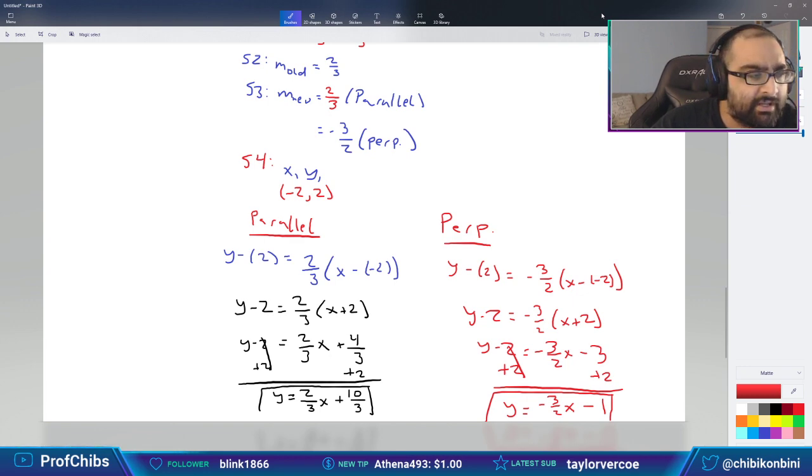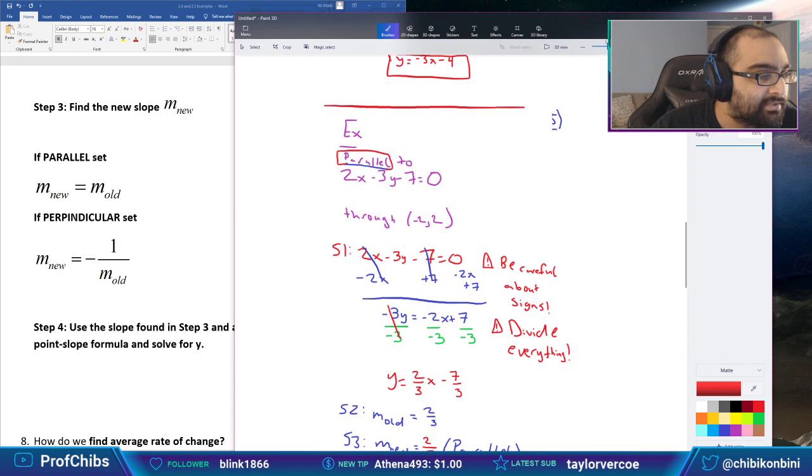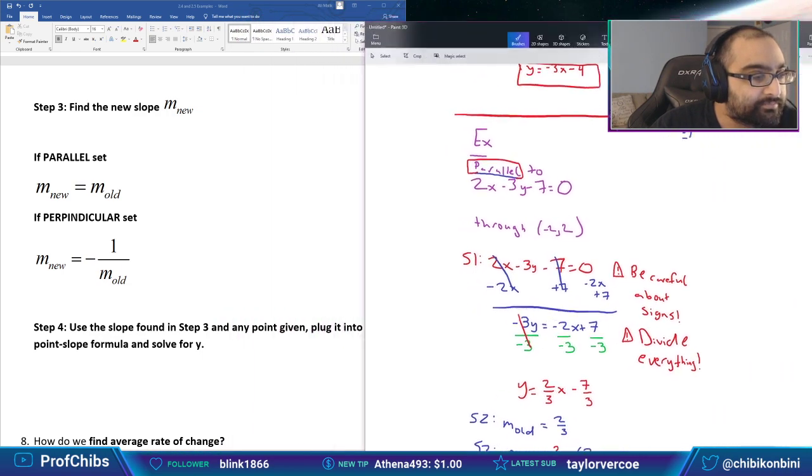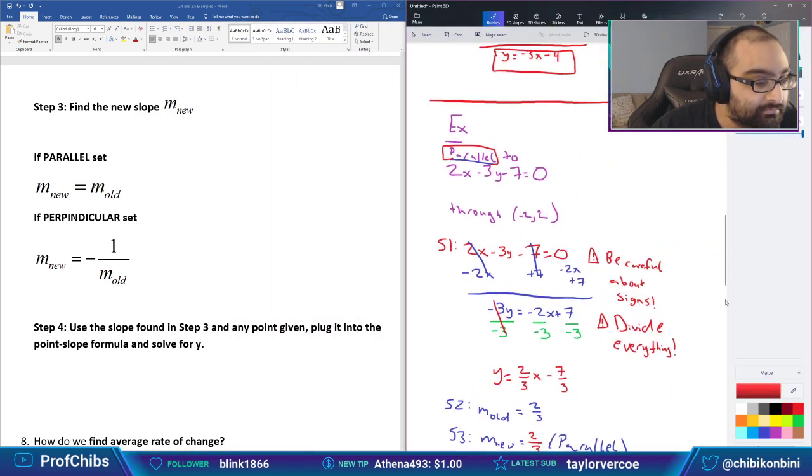Basically, when you make the adjustment in step number 3, then you don't have to do anything different after that. You're just plopping in the points in the point slope formula, still solving for y. So it's a lot more streamlined that way rather than making the adjustment in the middle of the process as opposed to the end of the process.